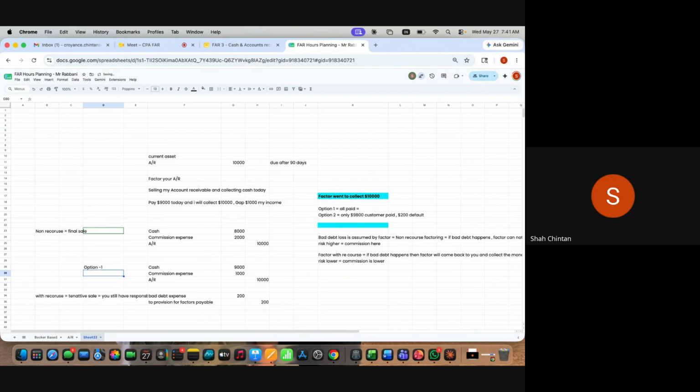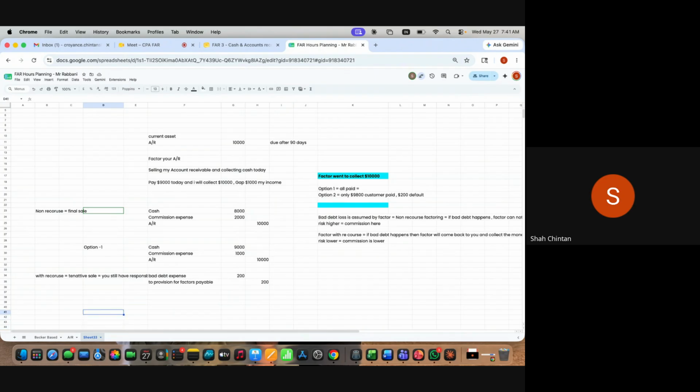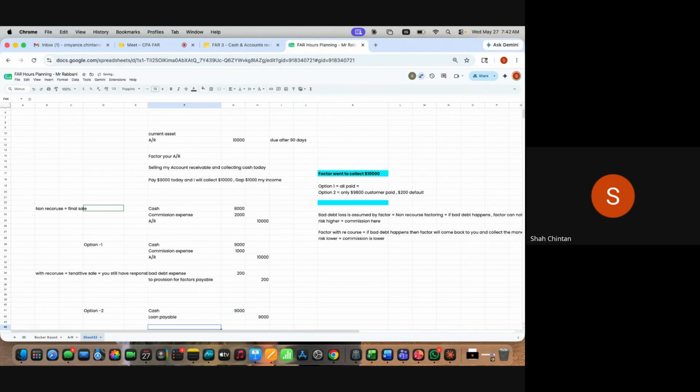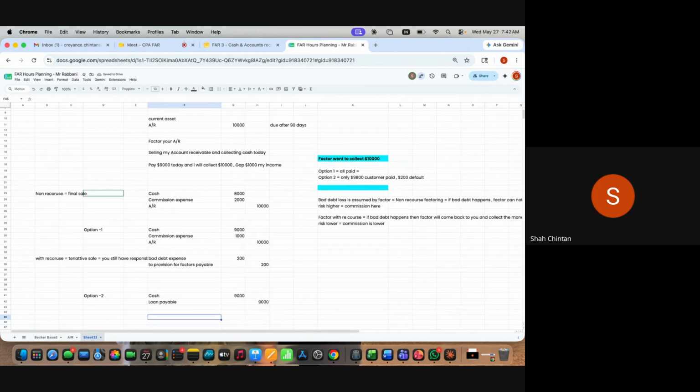So this is the option one of the accounting. If you feel this is a sale and we can reasonably estimate how much bad debt expense will happen. If you cannot reasonably estimate, then whatever money is received from the factor is called a loan. So cash account debited to a loan payable account. Let's say you initially received $9,000. Now, when settlement happens after 3 months, you understand that only 9,800 worth of the customer have paid.